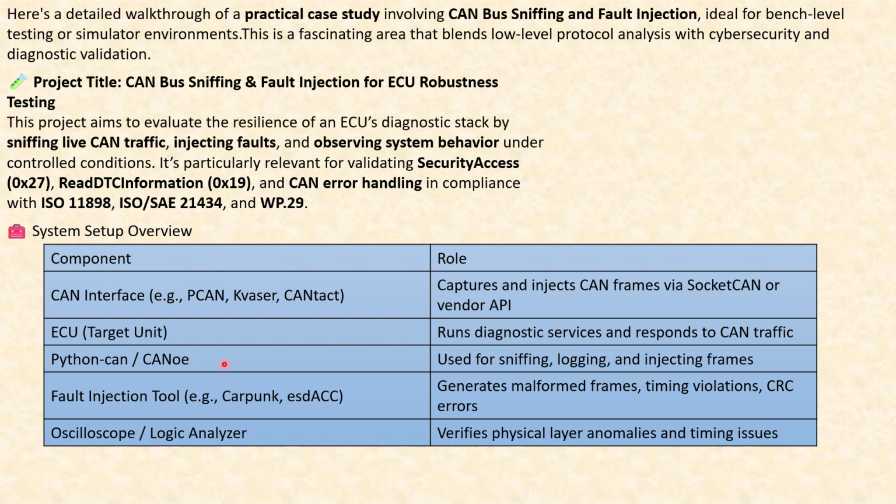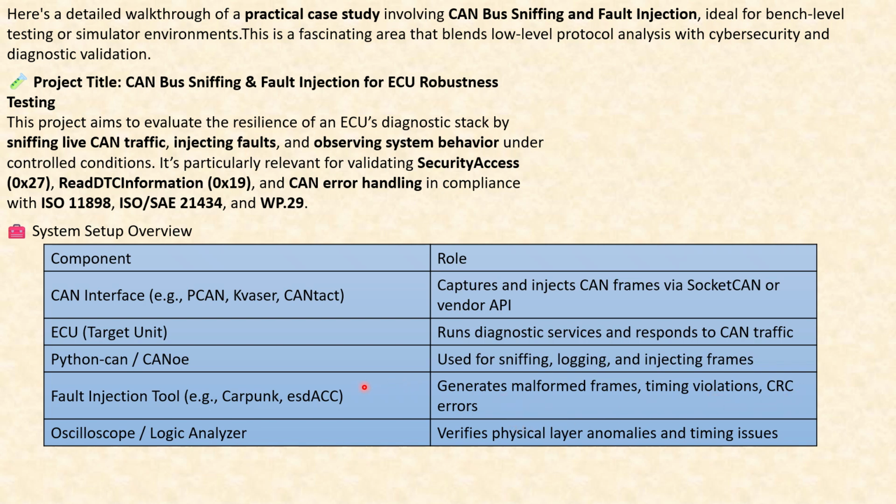Next is python-can or CANoe. This is an important tool which is used for sniffing, logging, and injecting frames. With the help of these tools, the actual sniffing and injecting of frames happens. Next is fault injection tools, for example CANalyzer, SDAC. It generates the malformed frames, timing violations, and CRC errors.